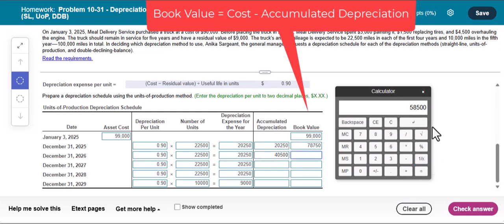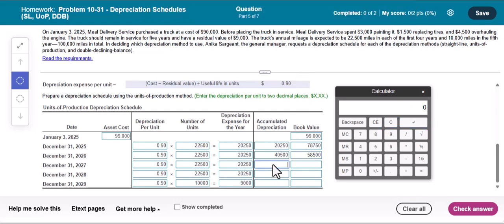So next year, just in essence of time, we add that 40,500 to 20,250. So the new accumulated depreciation is going to be 60,750. And then if we just continue on down here, we can add another 250 to each of the years through the fourth year.